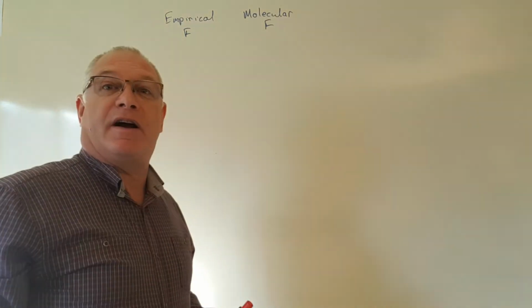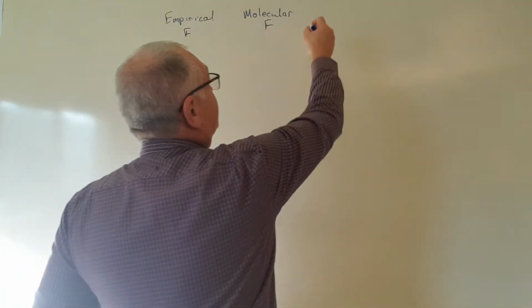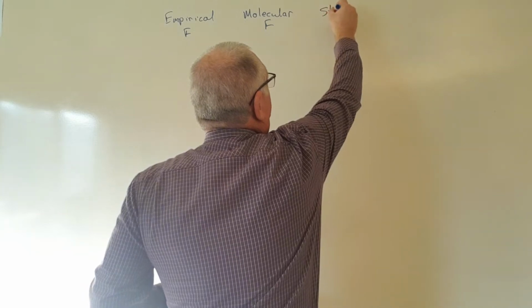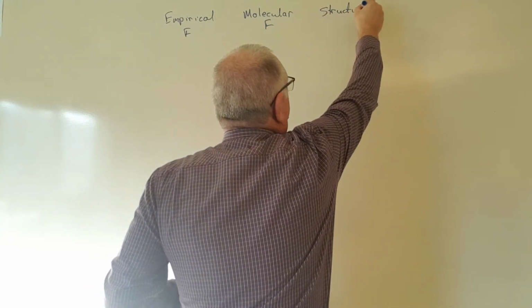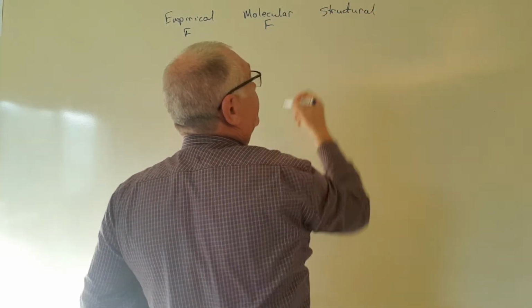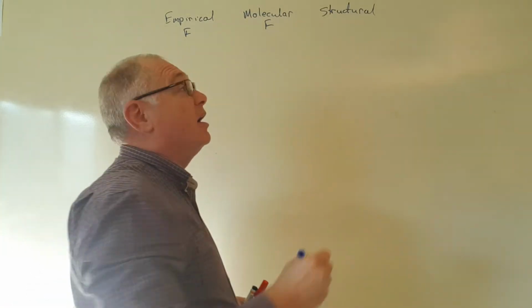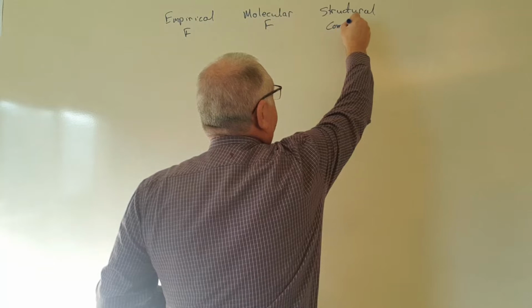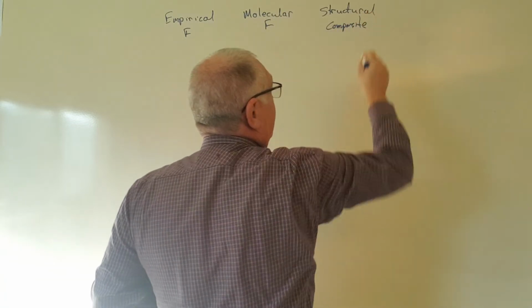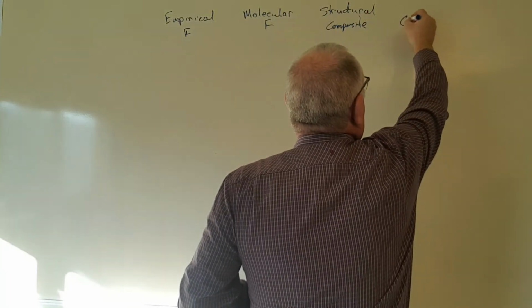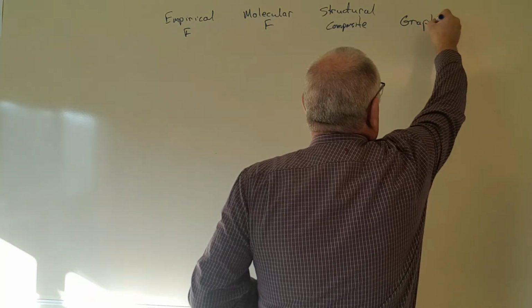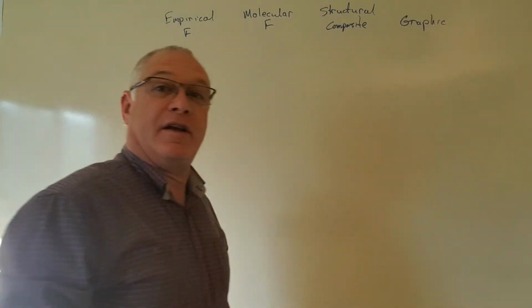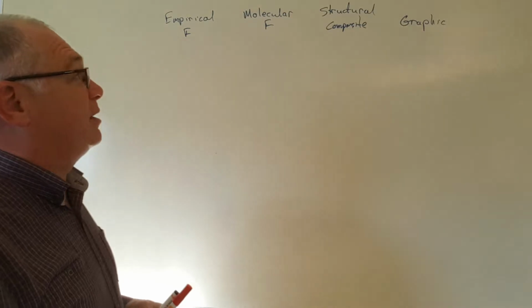Then there are structural formulae, and there are two types of structural formulae: what's often called the composite, and also the graphic. And the graphic, as it says, has to do with pictures.